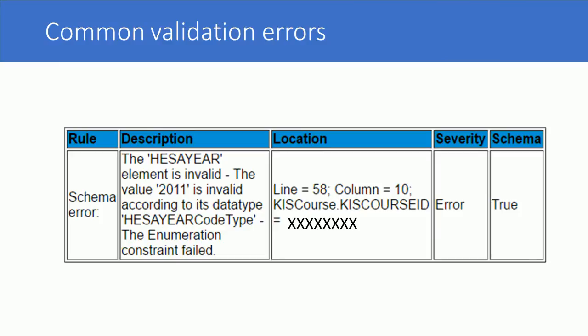So bear in mind that for KIS 2016, only years 2012, 2013 and 2014 may be submitted in your XML file. And this kind of error message is a similar message that you'll get if you've submitted an XML that isn't in the right structure or something that isn't even an XML. So you'll need to amend this and resubmit.